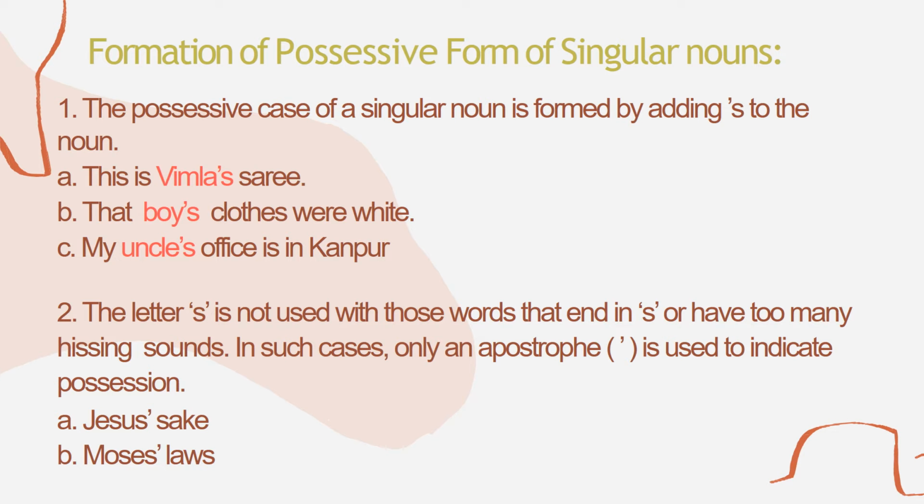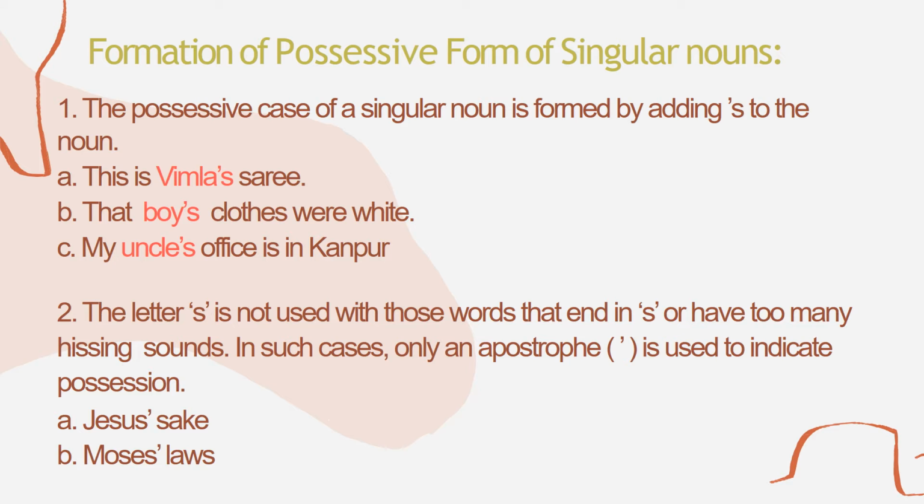The formation of possessive form of singular nouns. Here we can see that the possessive case of a singular form is formed by adding apostrophe s to the noun. Here we can see 3 examples written on the screen.